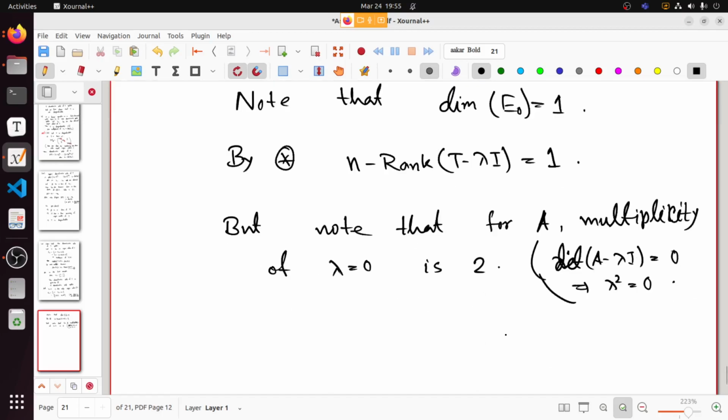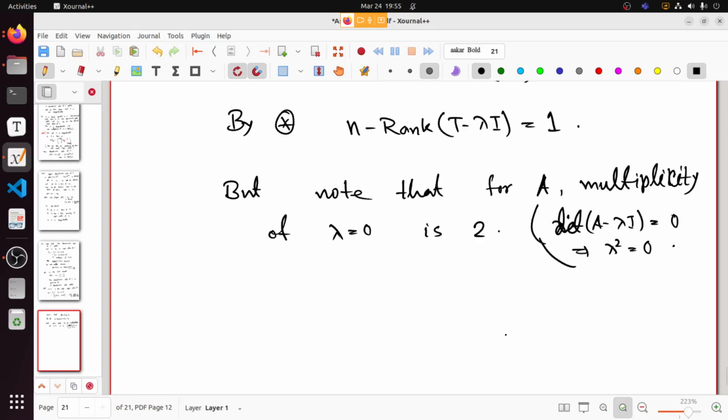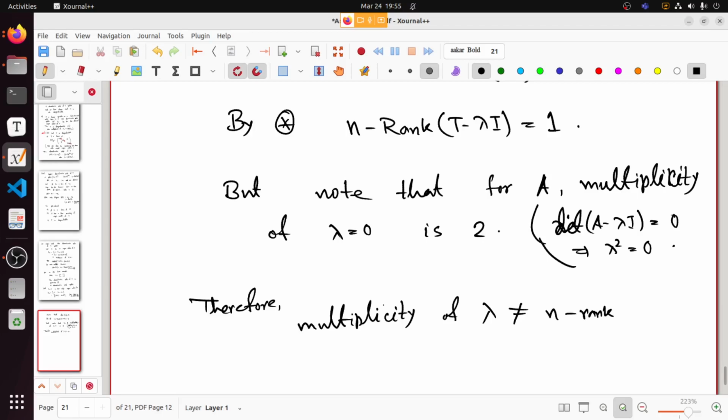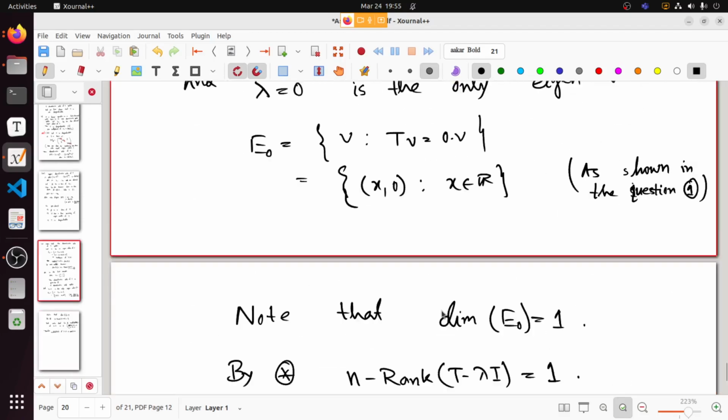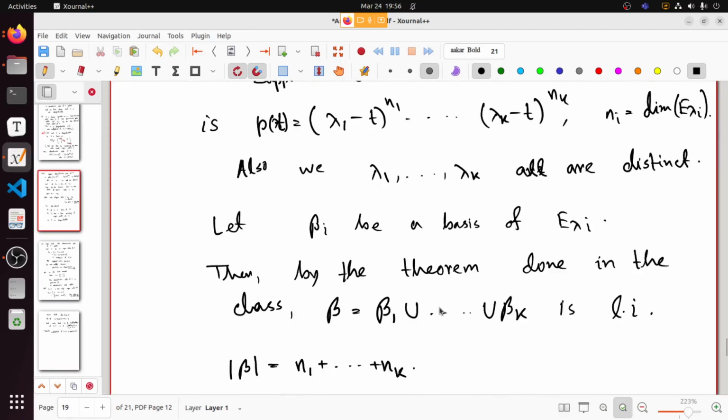So this is not true: the multiplicity of lambda is not equal to n minus rank of T minus lambda I. So option number 5 is false.